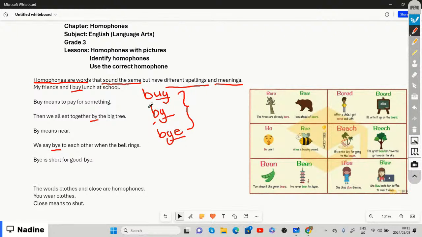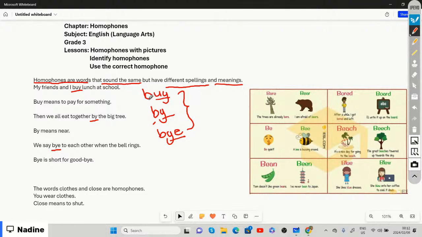The first word buy, B-U-Y, means you're paying for something, purchasing something. You need to give money in order to get your product, your goods, or your sweets or candy. The next word by basically shows distance; it means near, like sitting by the tree or by the bin.